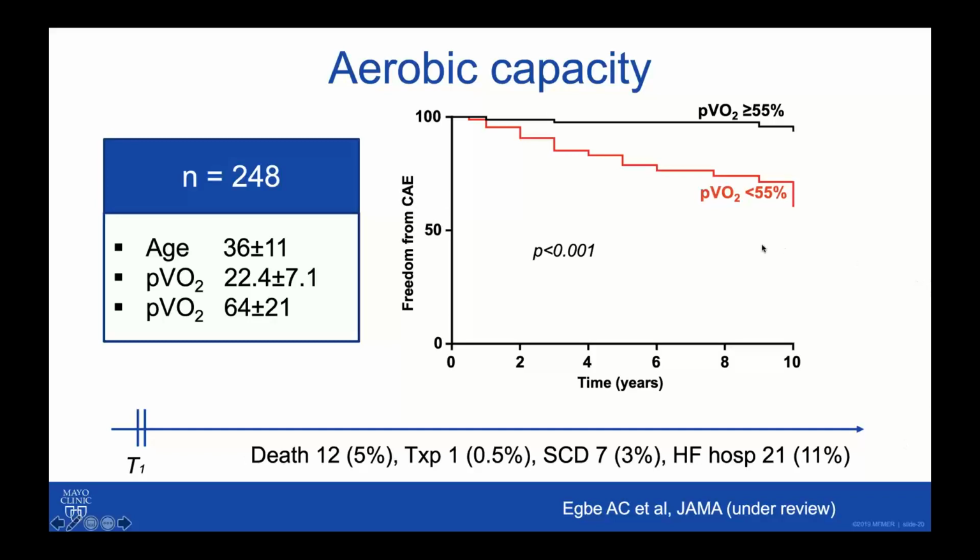And this relationship between peak VO2 and survival remains significant even after multivariate adjustment for confounders. If you recall, the patient I presented to you had a peak VO2 of 49%, and again, described himself as being asymptomatic. So we've shown here that peak VO2 is predictive.